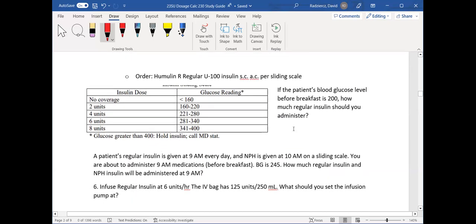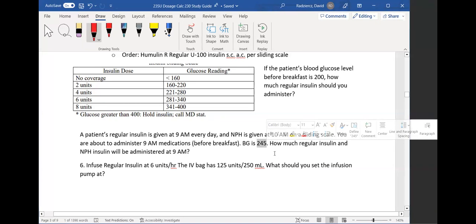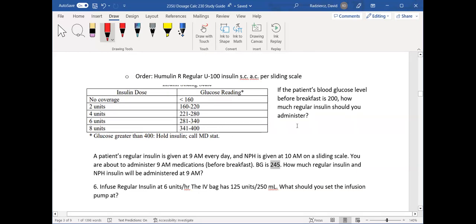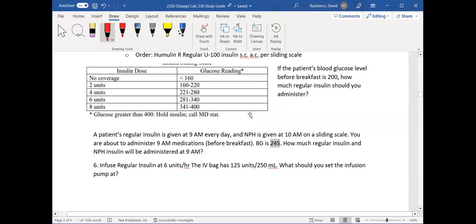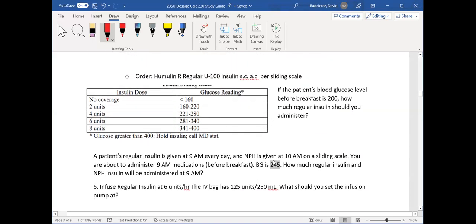This is just your basic sliding scale question. I think for the most part, you're probably fine with these, where basically you look at the sliding scale. It tells you what their blood glucose is. So if it's 245, now this says how much regular and how much NPH, but this question is worded a little unusual.